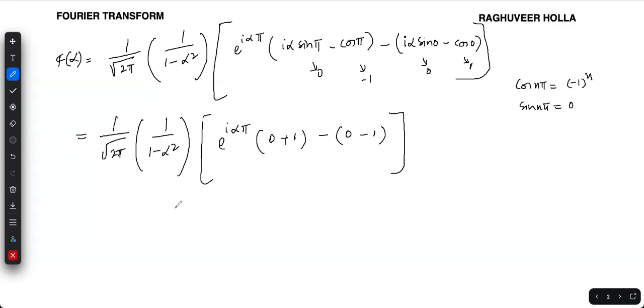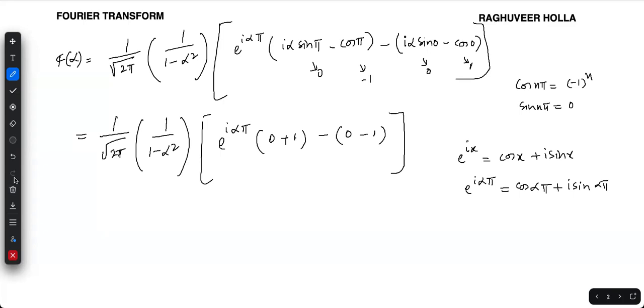So this will be, and I can use e to the power of ix is cos x plus i sine x. So e to the power of i alpha pi is cos alpha pi plus i sine alpha pi. Okay, so let me write down.